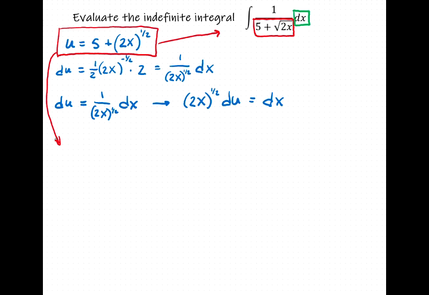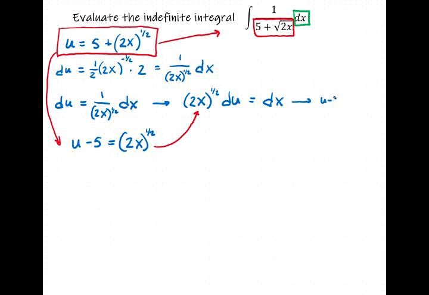There's a 2x to the 1/2 in that equation, and if we subtract 5 from both sides, look at that. We'll get u minus 5 is equal to 2x to the 1/2 power. So now we could replace that 2x to the 1/2 with the u minus 5.